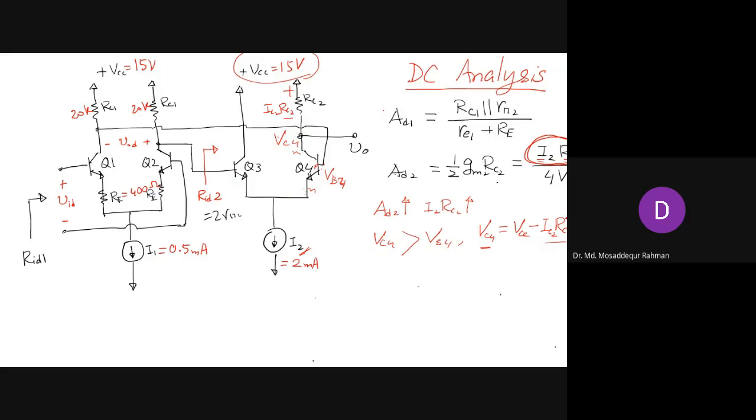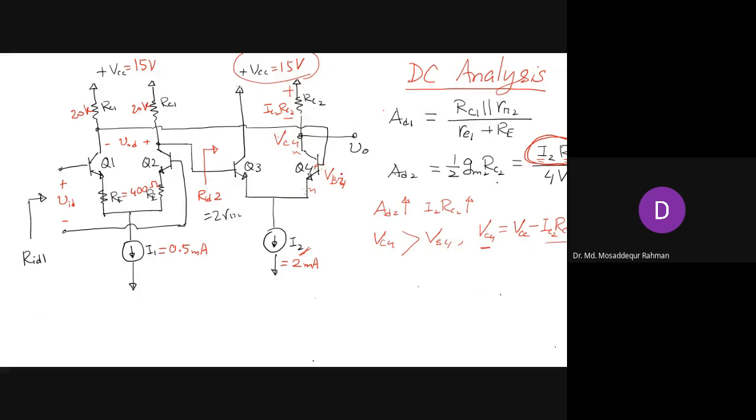If you take too high a value, VC4 may go down below VB4, and then the transistor will enter saturation. It will not work as an amplifier anymore, right?